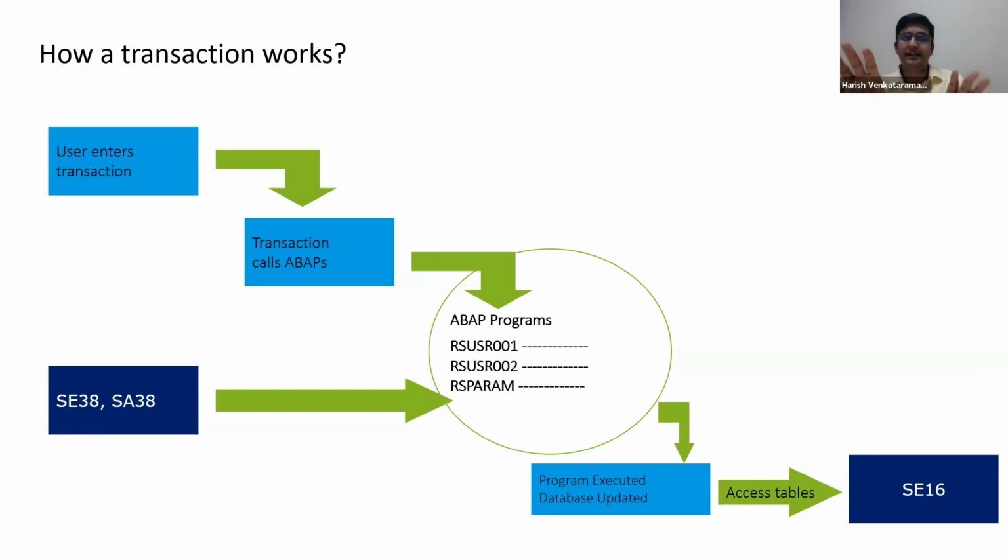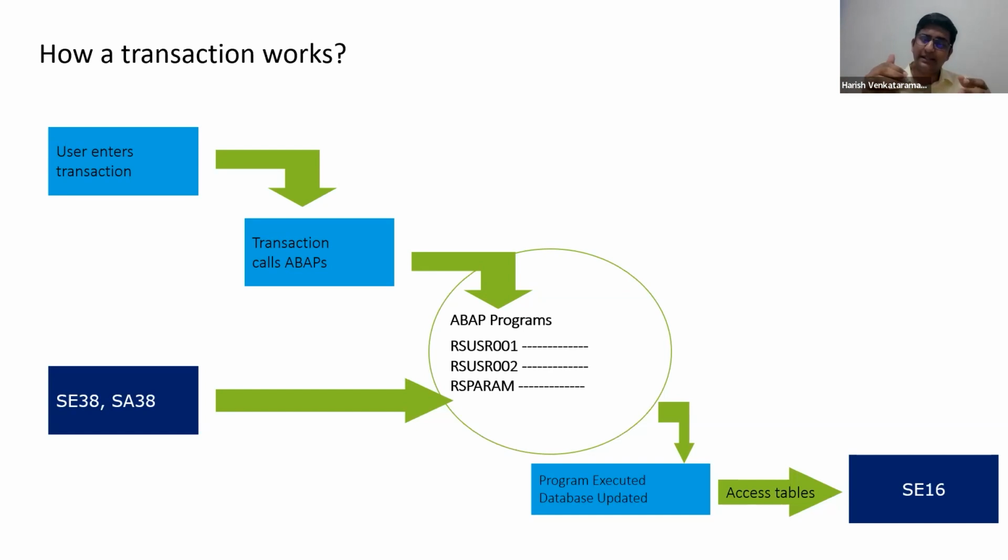Once this program is triggered, it will run the logic based on the transaction that you have entered, and it will update the database tables. Earlier, in other systems, we normally access the database, or see what tables there are in a particular database, by logging into the respective SQL database or the Oracle database.